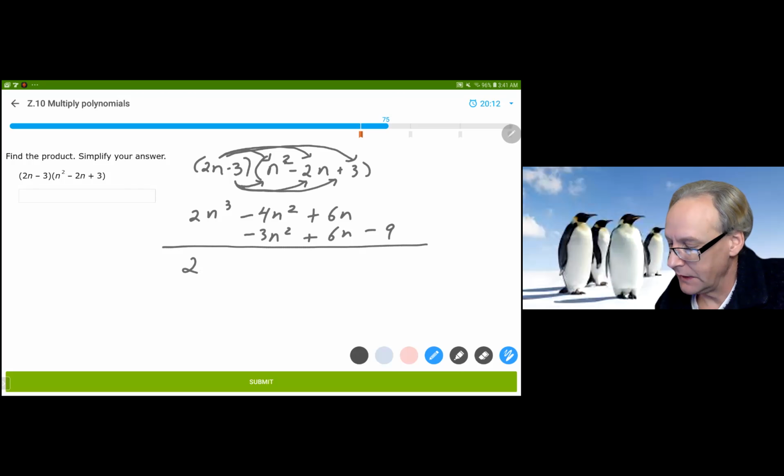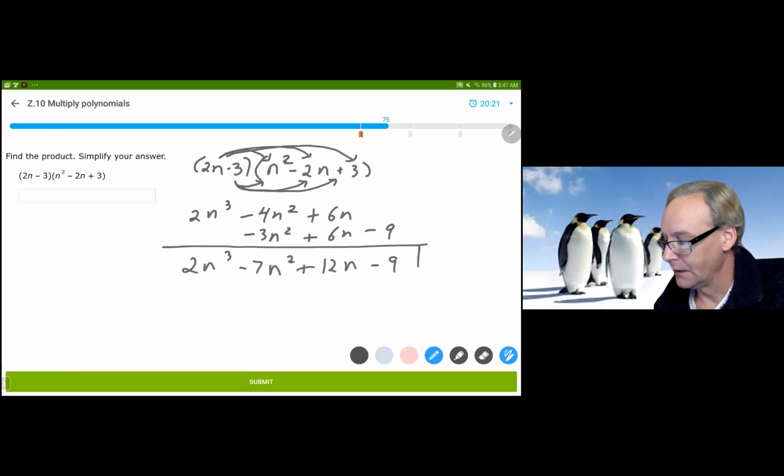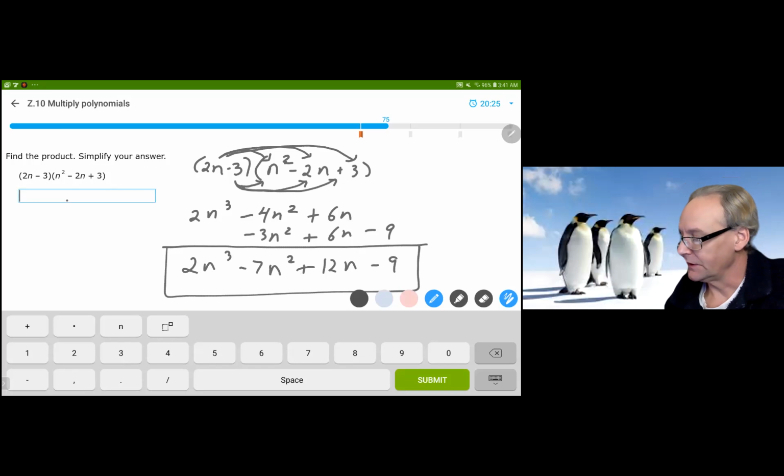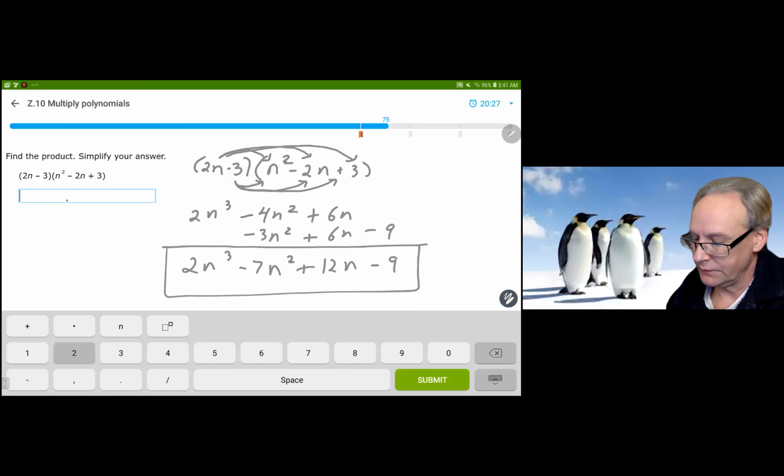So we have a 2n cubed minus 7n squared plus 12n minus 9. We're just adding like terms. That's all. Let me get rid of this. We have a 2n cubed. We have a minus 7n squared.